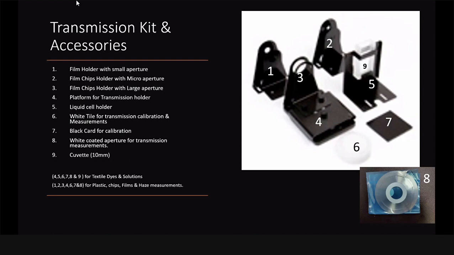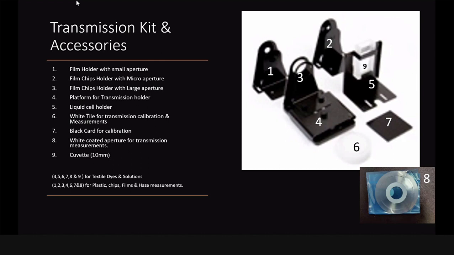Here we will fill the liquid or color solution and do the measurement. There are several cuvette sizes, but majorly it uses 10 mm. By default it comes as 10 mm, and if there is a requirement for 20 mm or anything else, we need to mention that especially while ordering.